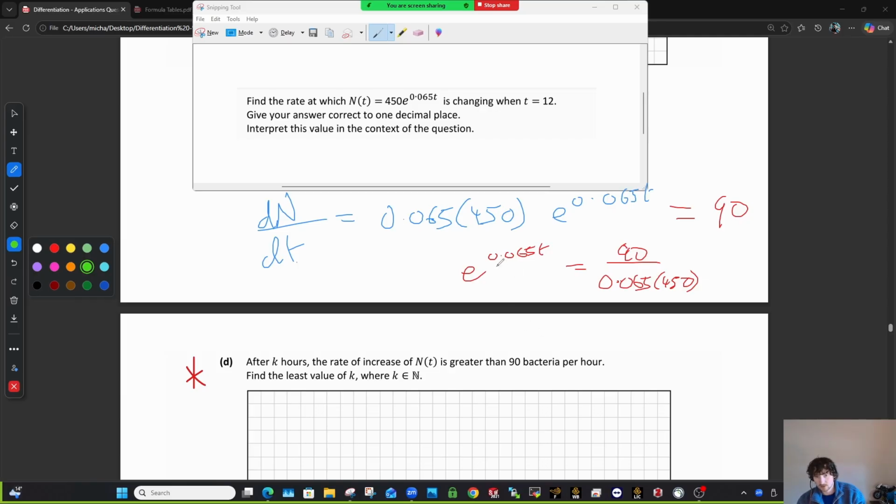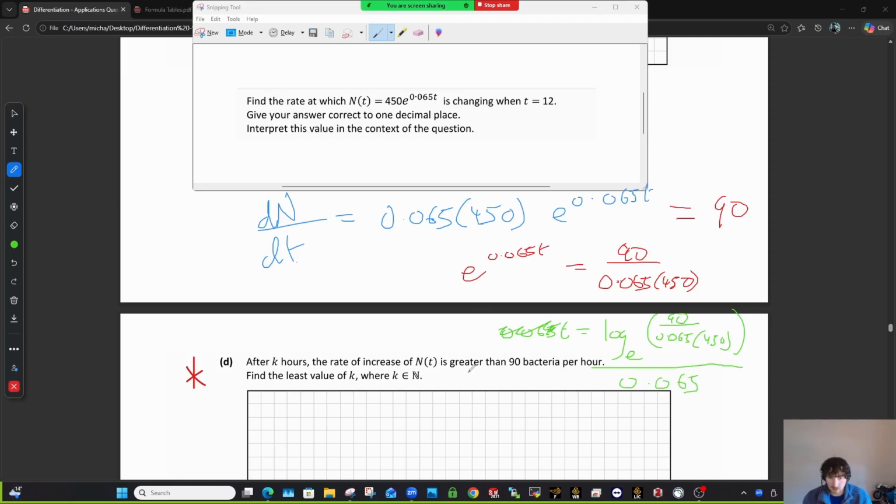The whole point of logs is to get the power on its own. So it'll be 0.065t on its own in the log. The base here is e, the base stays the base, and that leaves room for this other thing, 90 over 0.065 times 450. And then in the next line, you'll just divide everything by 0.065.